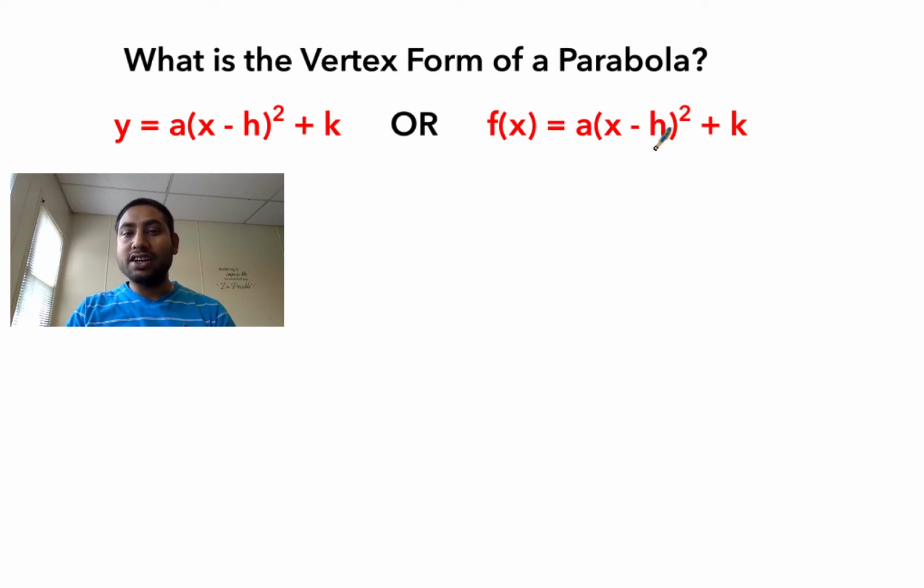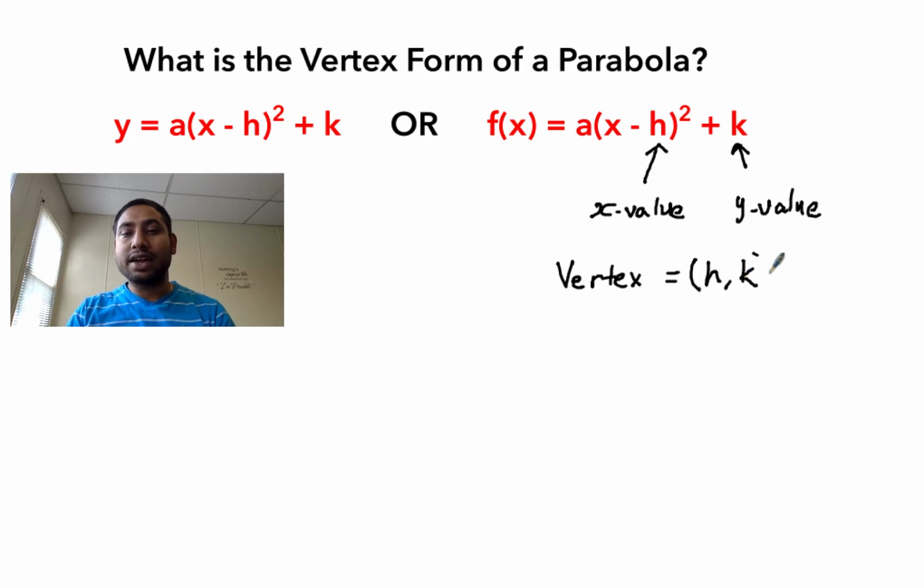The h here gives you the x value of the vertex, while the k here gives you the y value of the vertex. Or in other words, if an equation is written like this, a times (x minus h) squared plus k, the vertex of that parabola would simply be (h, k).